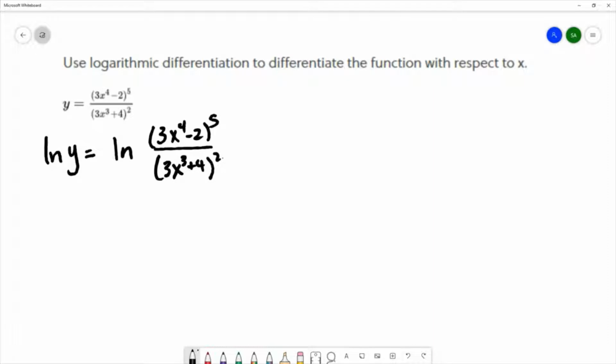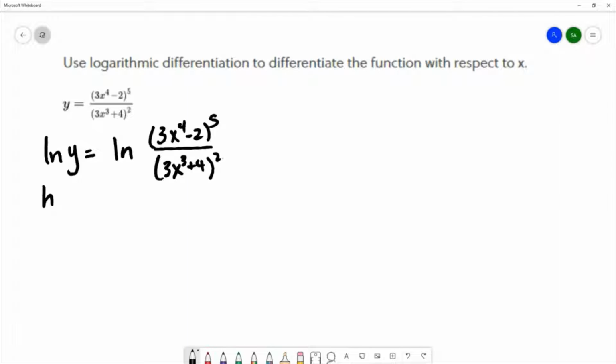And now that you've introduced the log into your equation, you now have access to all of the log properties. And there are log properties called the product rule for logarithms, the quotient rule for logarithms, and the power rule for logarithms, which will allow me to rewrite this expression on the right in a much simpler way.